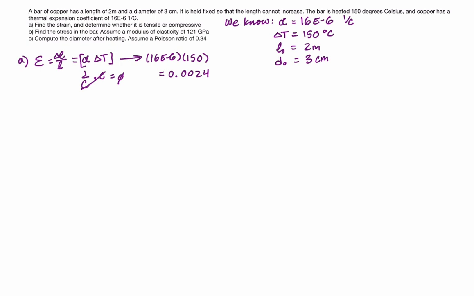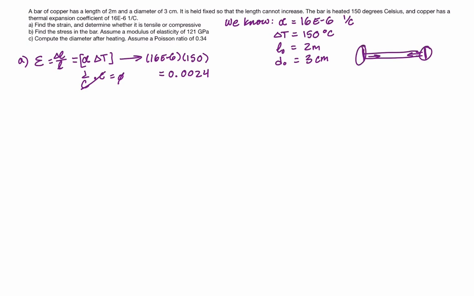So in a bar with fixed length, we can kind of think of it as being held like this, right? And because it's fixed and it's going to be expanding, the bar itself is going to be feeling a compressive strain. So that's how we can kind of think about this. Our sides of the bar here are not going to move.